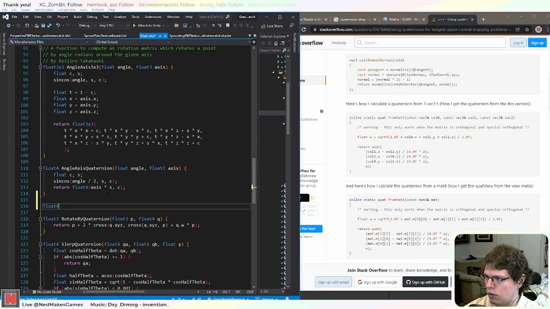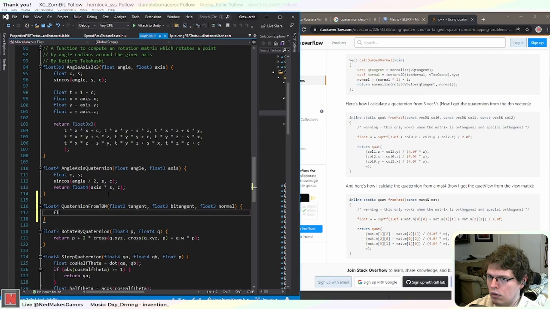So float 4, Quaternion from matrix 3x3. Well, okay, let's just do Quaternion from tangents. Float 3, tangent, bitangent, and normal.